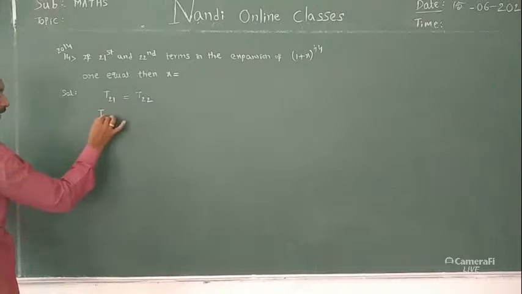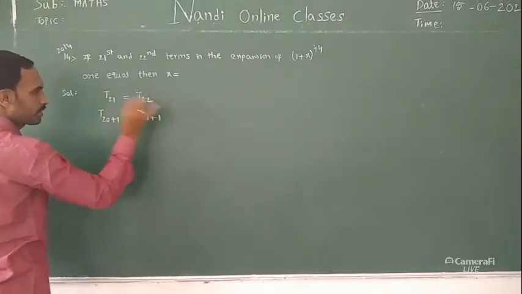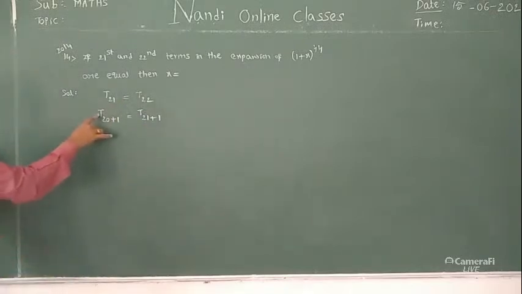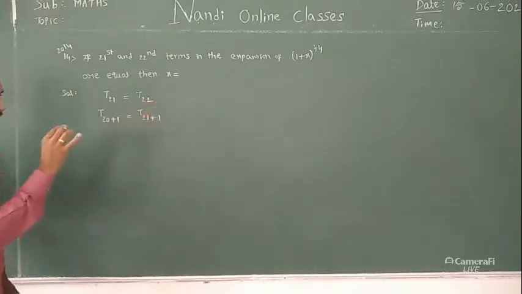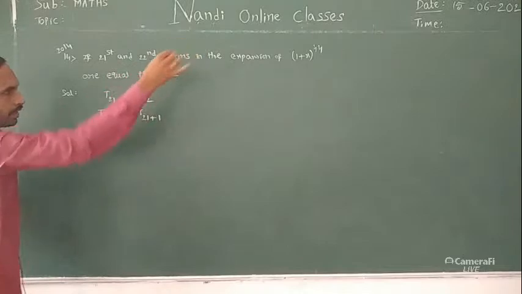T21 can be written as T20 plus 1, and this as T21 plus 1. It is in the form Tr plus 1. The formula is nCr into x power n minus r into y power r. Here n is 44.